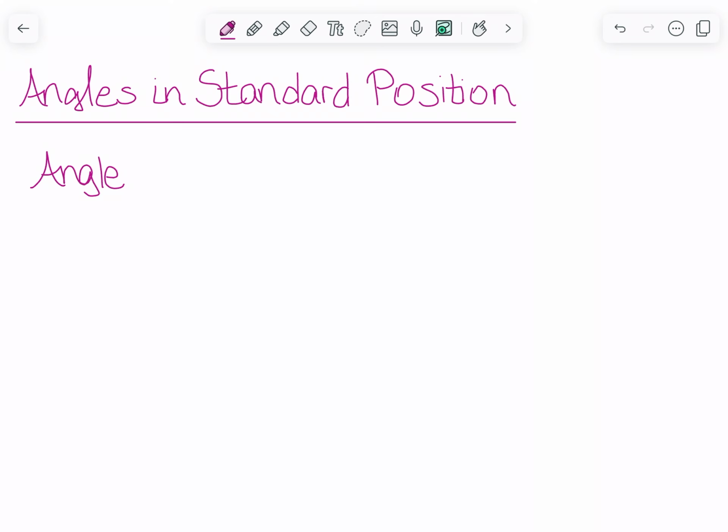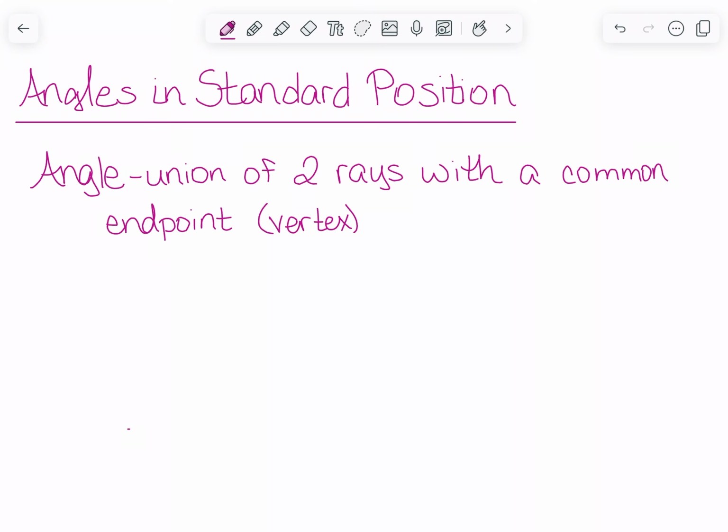Next, we want to define an angle. An angle is the union of two rays that have a common endpoint, and this common endpoint is known as the vertex. Like this here. In this case, the common endpoint, or the vertex, would be E. When we write this, we write one point along one of the rays, then the vertex, then a point along the other ray.